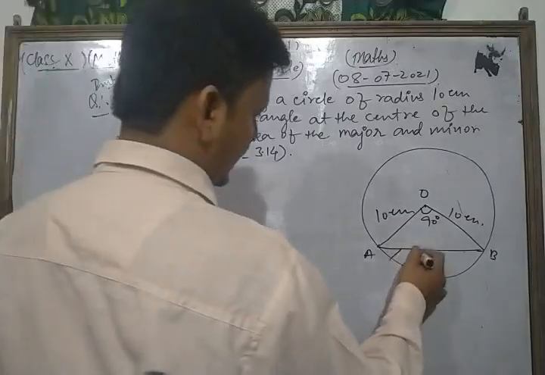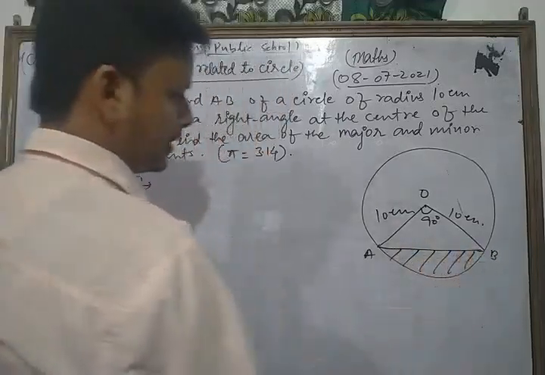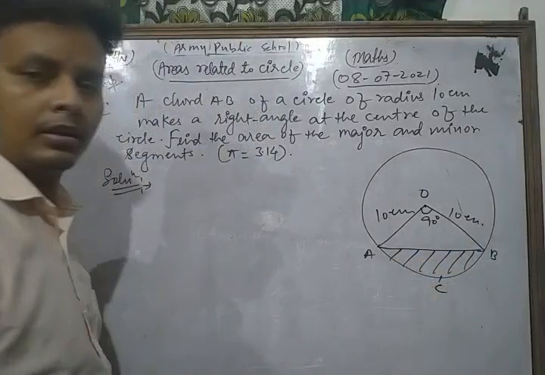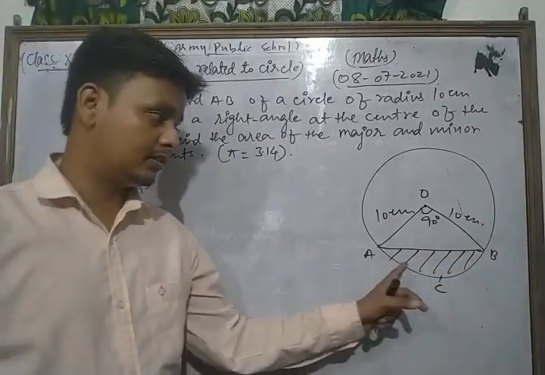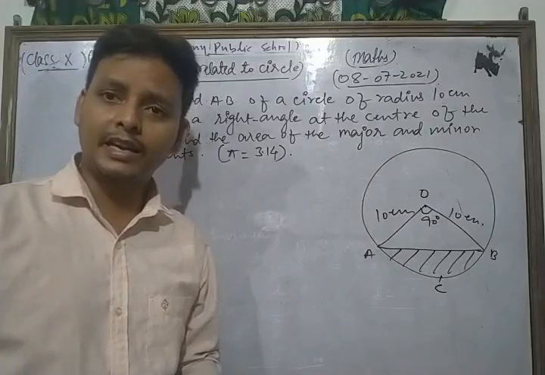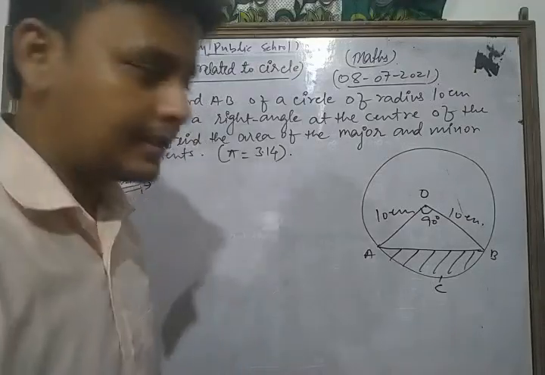First of all, we find the area of that region, which we take as C. You know that the area bounded by a chord and an arc is called the segment.